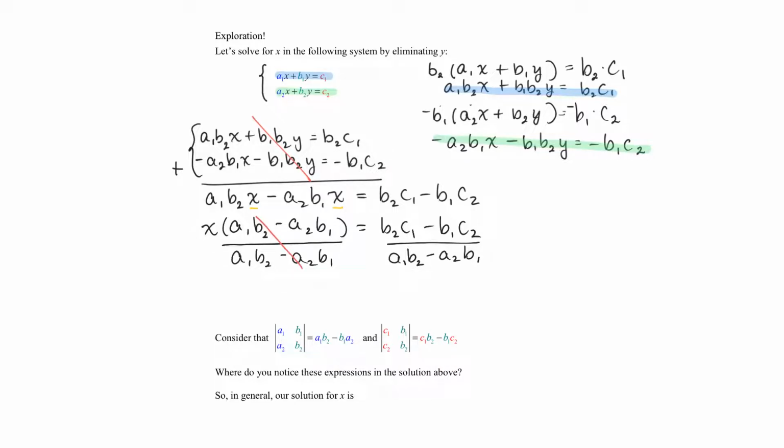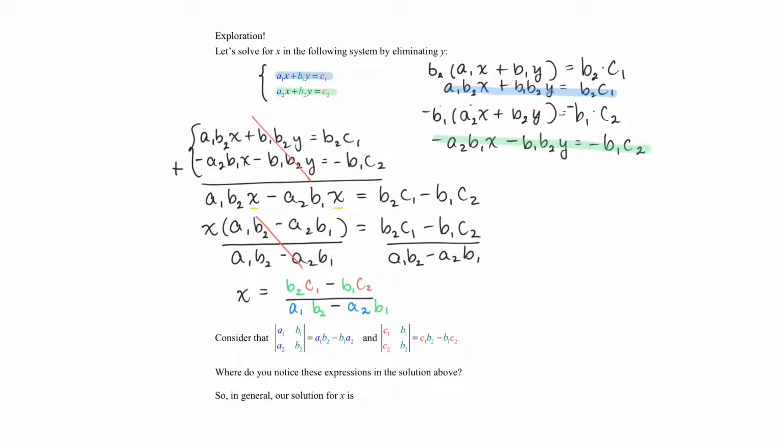And I'm going to get that x is equal to, going back to my colors, b sub 2 c sub 1 minus b sub 1 c sub 2, divided by a sub 1 b sub 2 minus a sub 2 b sub 1. Okay, so yeah, that was a lot, right?